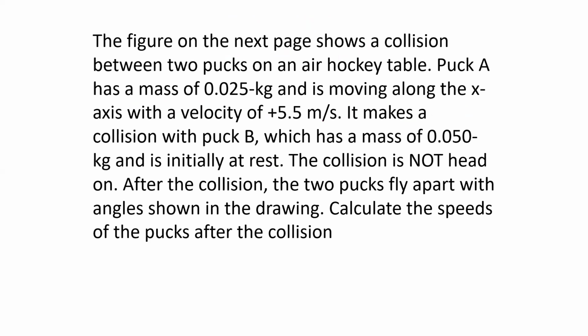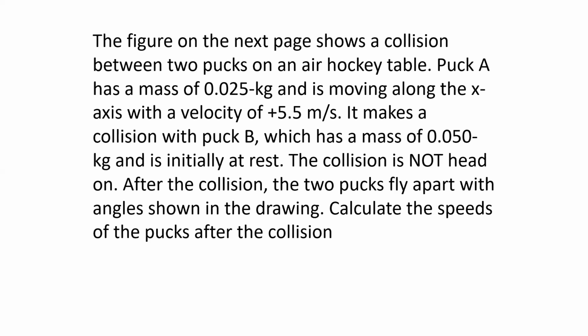A figure on the next page shows a collision between two pucks on an air hockey table. Puck A has a mass of 0.025 kg and is moving along the x-axis with a velocity of plus 0.5. It makes a collision with puck B, which has a mass of 0.05 kg and is initially at rest. The collision is not head-on.